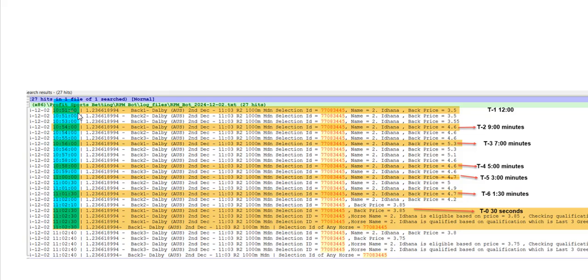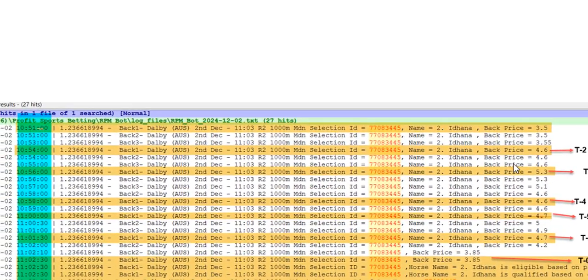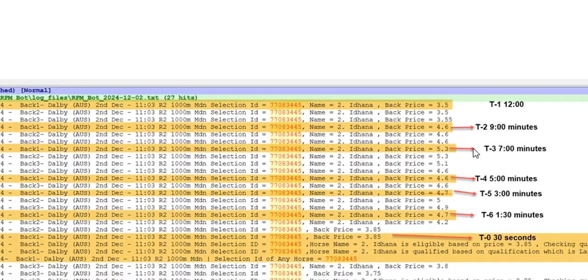At 10:51, which is 12 minutes from the official start, for the horse called Idana, the bot checks the T1 price at 12 minutes, and it's saying its price is 3.50. Then at the 9-minute mark, T2, it checks the price and sees it's 4.60.